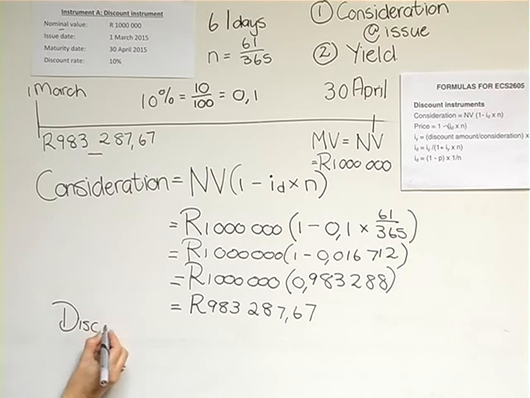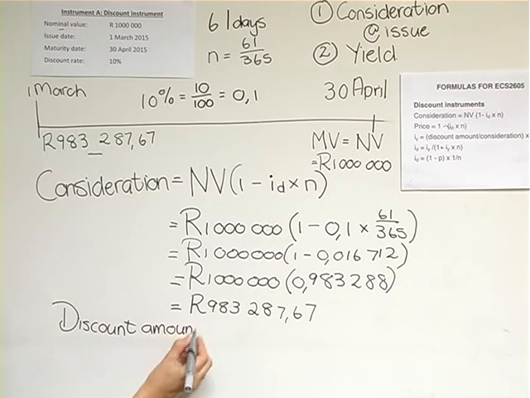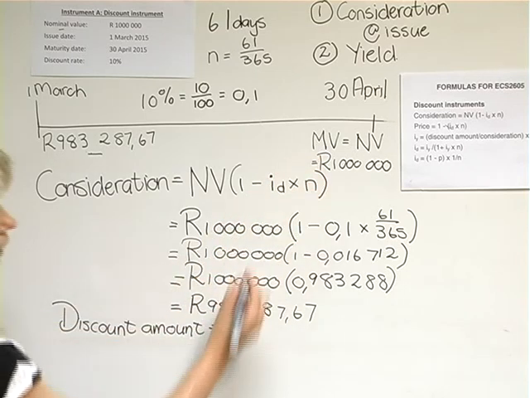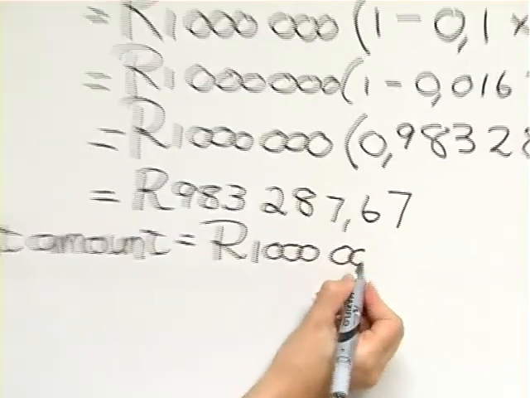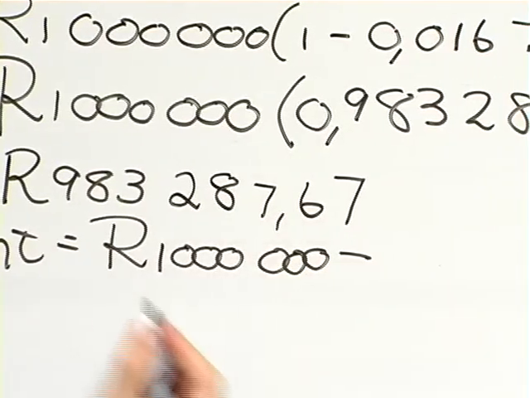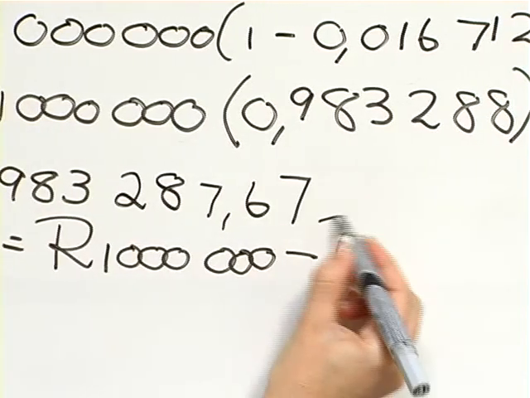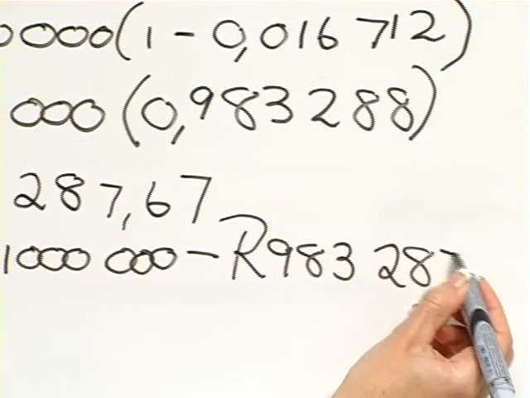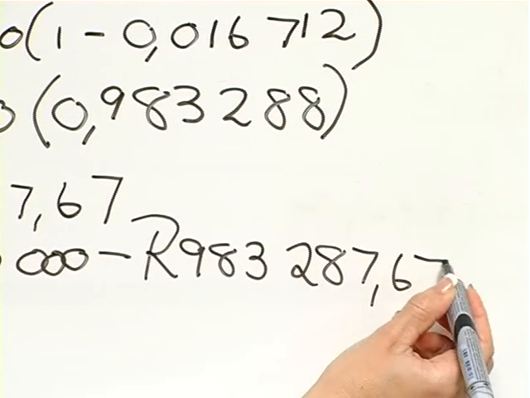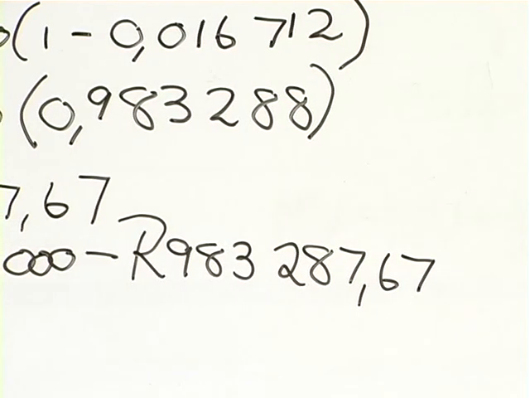The discount amount is equal to the nominal value that you're going to receive at maturity minus what you are paying for it today, 983,287 rand and 67 cents.